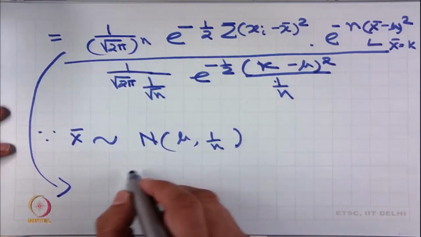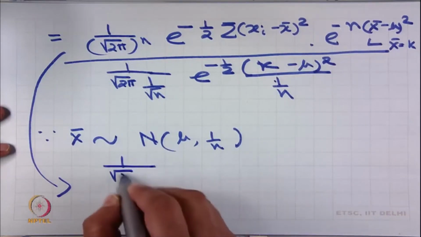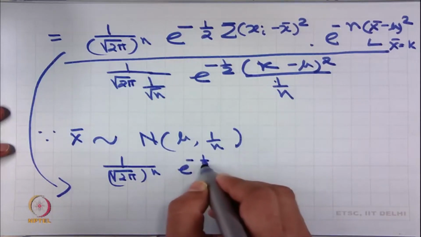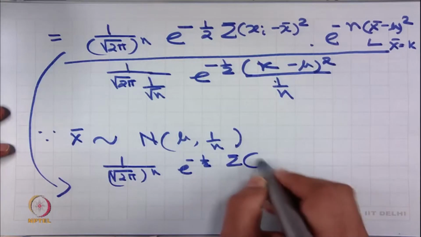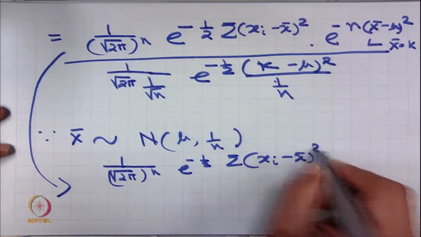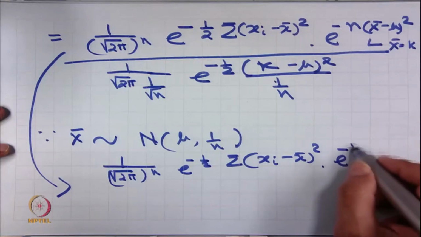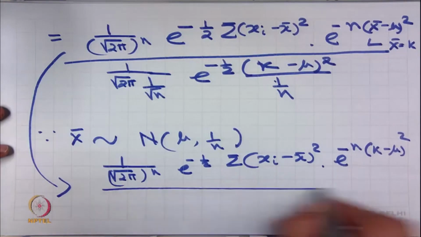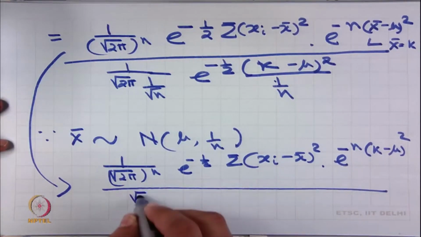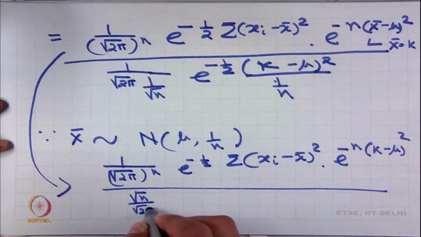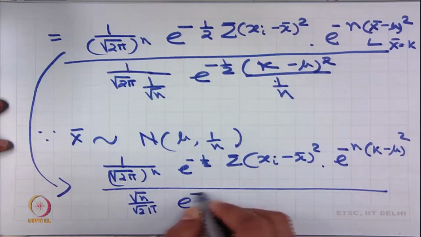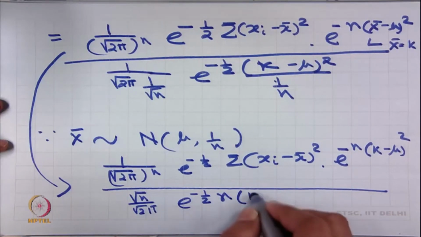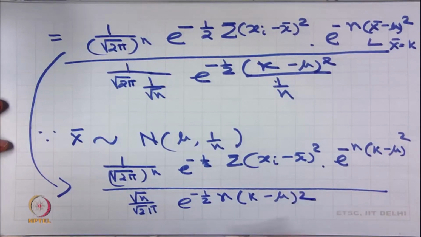Therefore, this is nothing but 1 over root over 2 pi whole to the power n, e to the power minus half sigma xi minus x bar whole square, into e to the power minus n k minus mu whole square, divided by root n upon root over 2 pi, e to the power minus half into n k minus mu whole square.